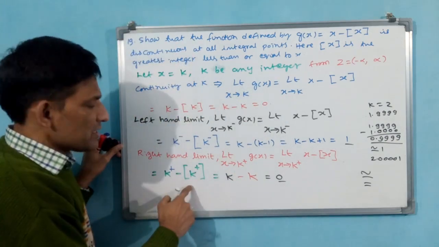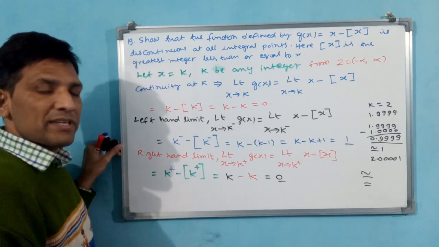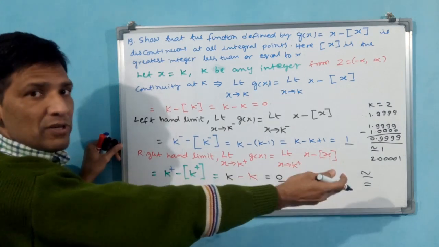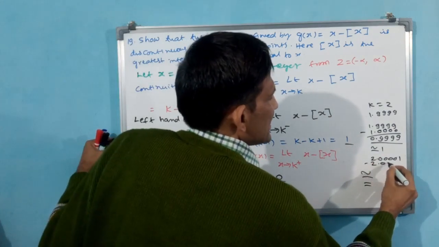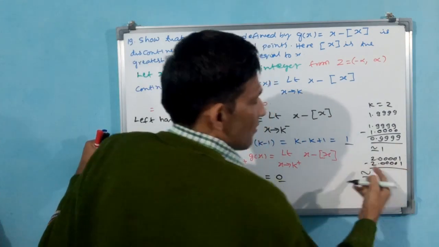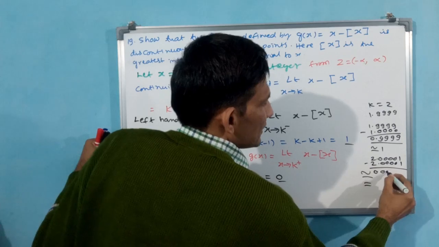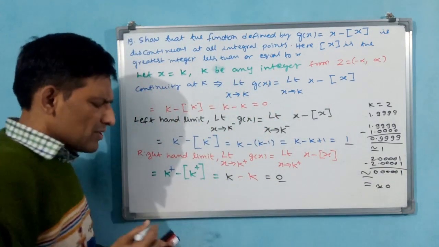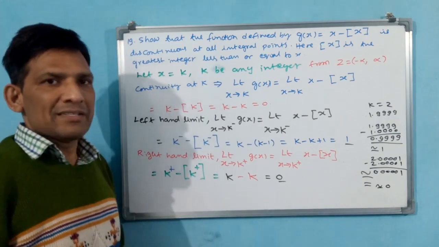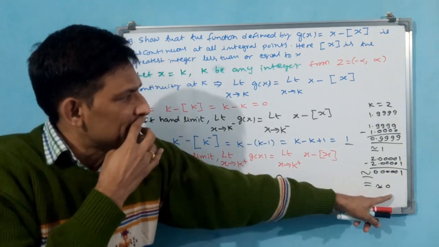Because the integer function will keep integral parts only. It will send out. That means 2.001 even if you give, it will send out 2 minus 2. What will come? That means approximately equal to 0, I can say. Why? Because 0.000001 you can say is approximately equal to 0.